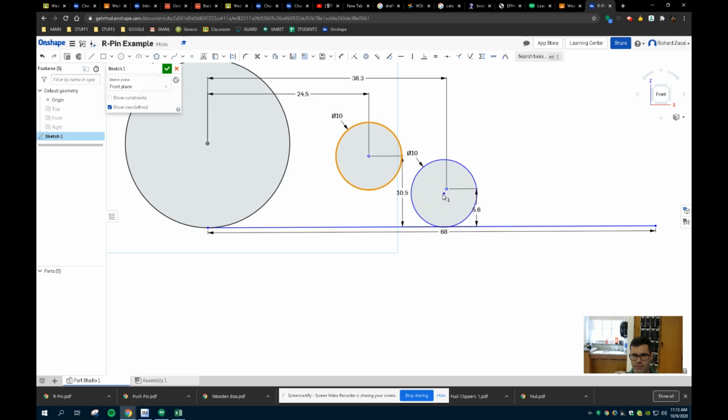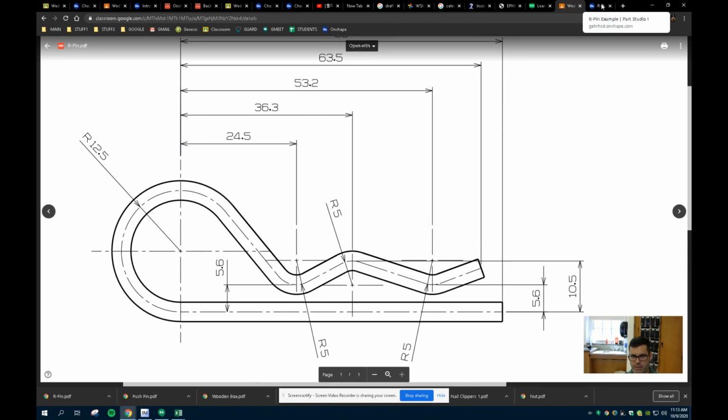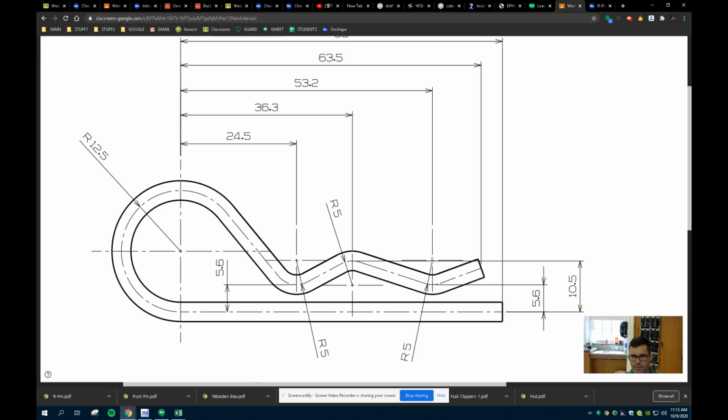Control C, Control V. Coincident. Good. And then another point. And that one is 10.5 and 53.2.